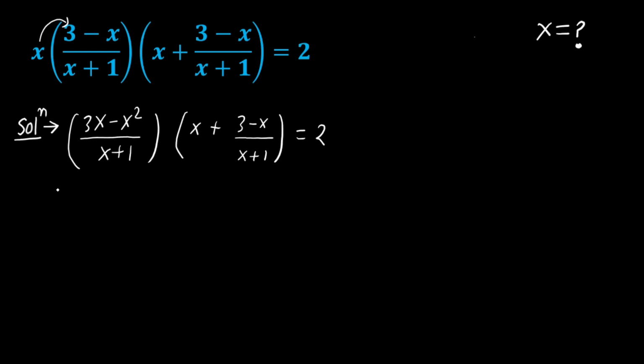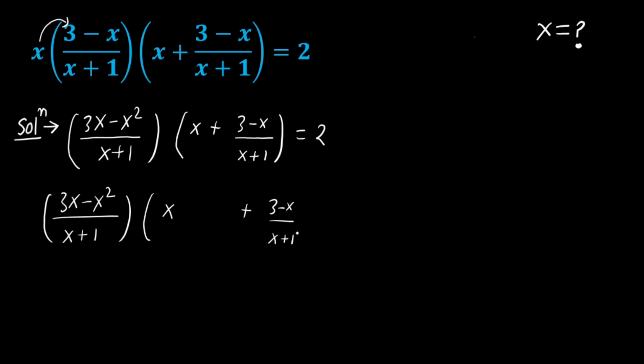Now (3 times x minus x square divided by x plus 1) is multiplied by (x plus 3 minus x divided by x plus 1), and this is equals to 2.